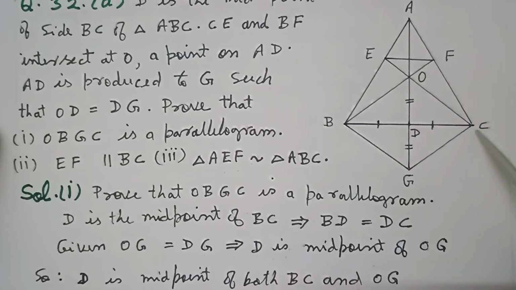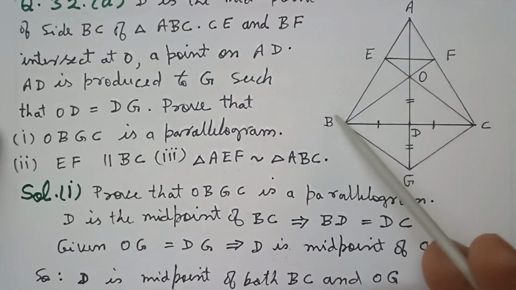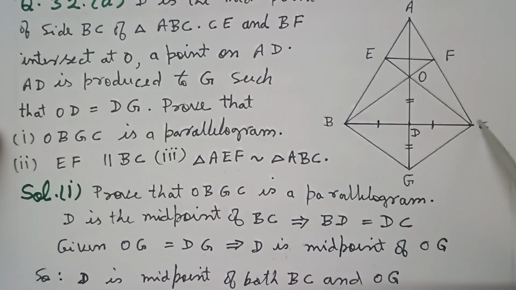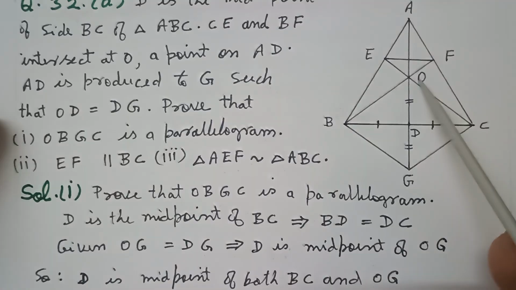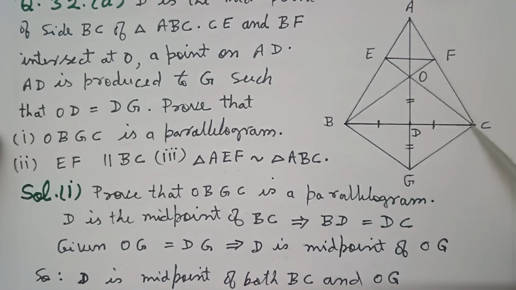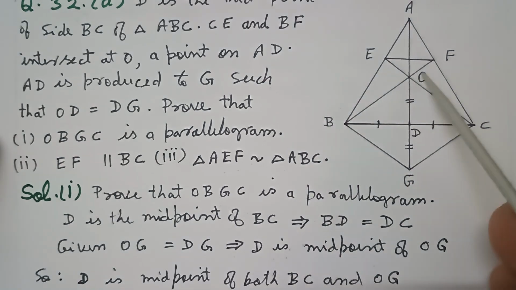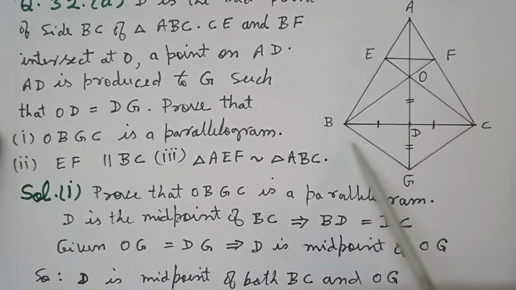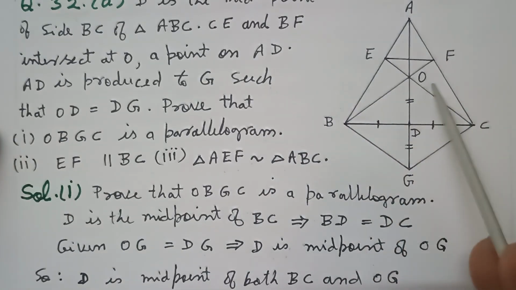And COE, this is the same line. So BG is parallel to EC. And EO is a part of this line, or you may call the same line by the name CO and OE. So BG is parallel to EO.